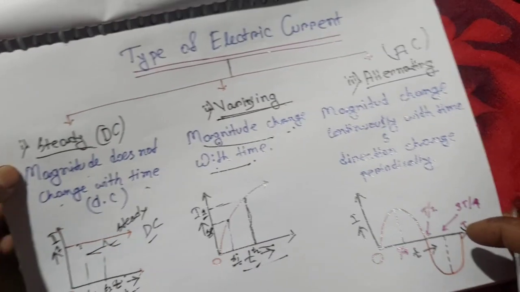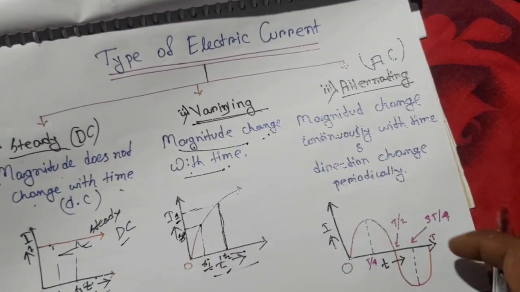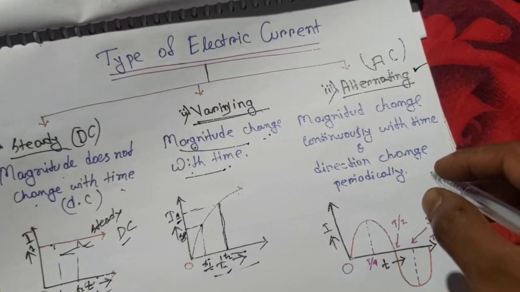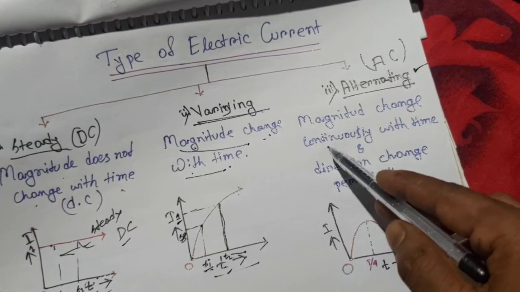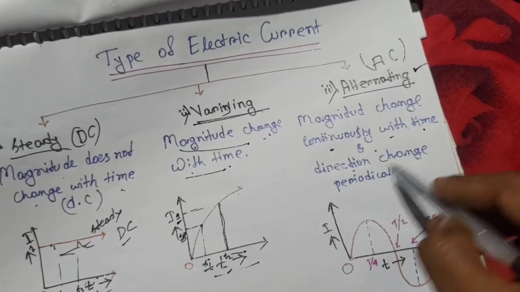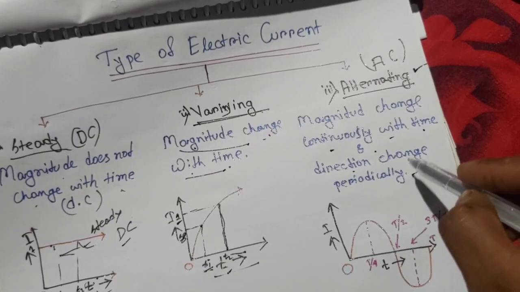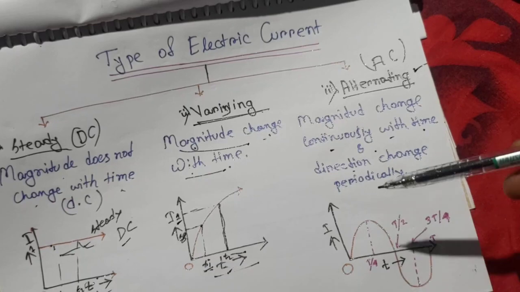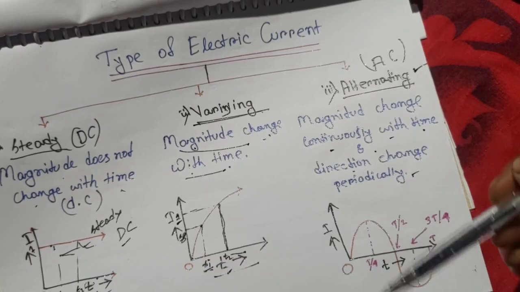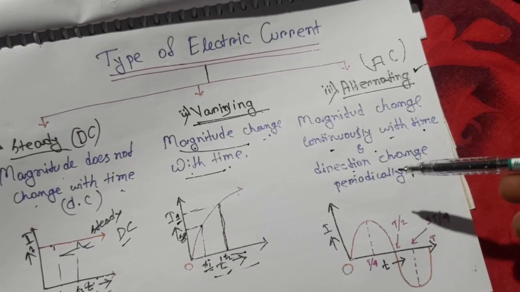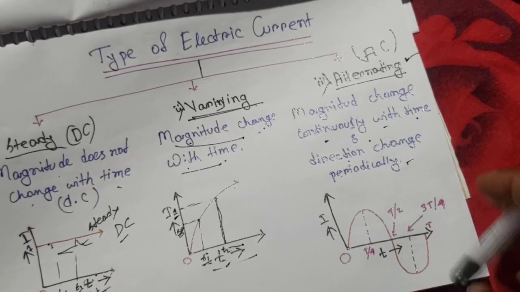And number 3 is alternating or AC current. Okay, the magnitude changes continuously with time and the direction changes periodically. Okay, the magnitude changes with time, but along with that the direction also changes periodically.